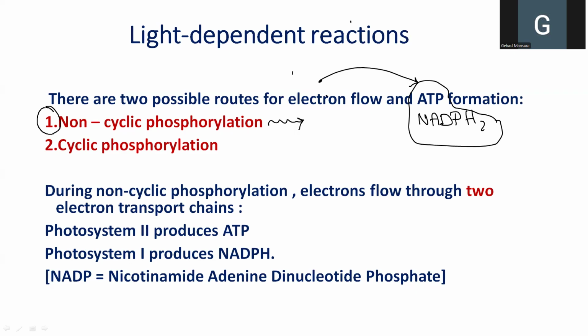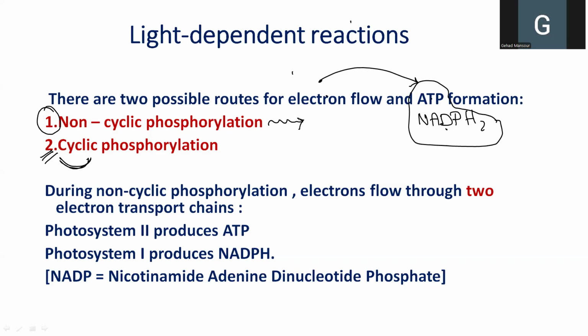So it is the non-cyclic phosphorylation, which is more or less linear, that will result in the formation of both ATP and reduced NADP. But there is another type of phosphorylation that is cyclic, and we will explain why it is called cyclic. It will not result in the formation of both ATP and reduced NADP, but will only form one of them, which is the ATP molecule.